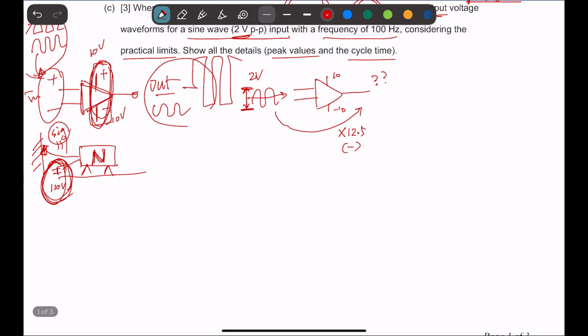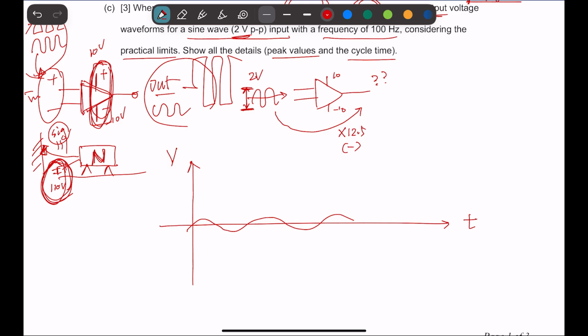So if we draw this thing, this was time, and let's say this was voltage, we had a sine wave like that. And this is 1 volt, this is minus 1 volt. That way we have 2 volt peak to peak. Okay?